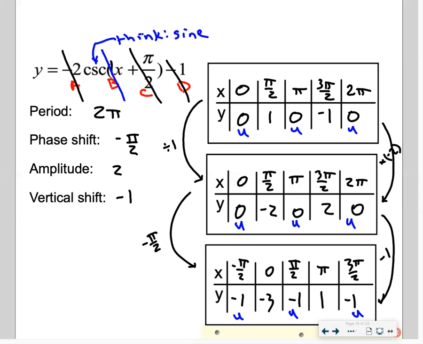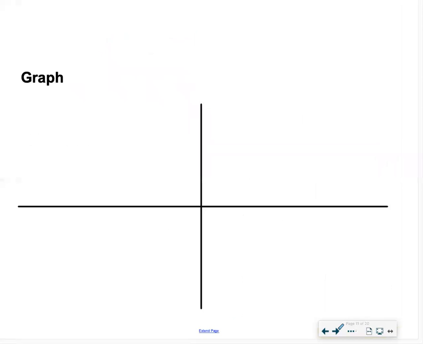All right, so you guys already started, but you'd want to make an XY axis, and then let's plot all these points. Pause here for a few more seconds. You want to get caught up. All right, -pi over 2, 0, pi over 2.